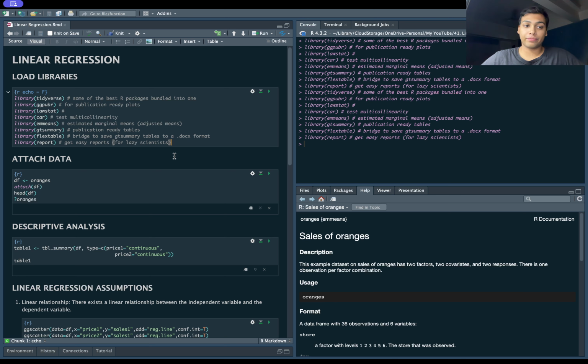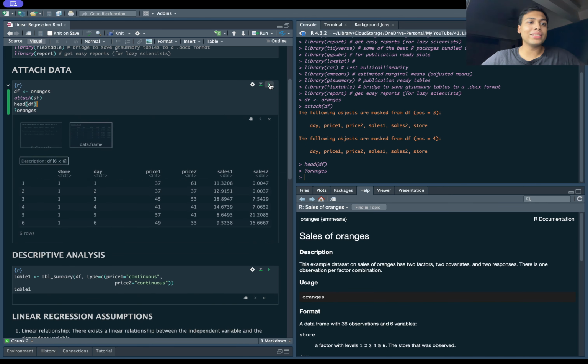And for the purposes of this tutorial, we'll be using the oranges dataset. And if you run this code, ?oranges or alternatively help oranges, you will get a description of this dataset.